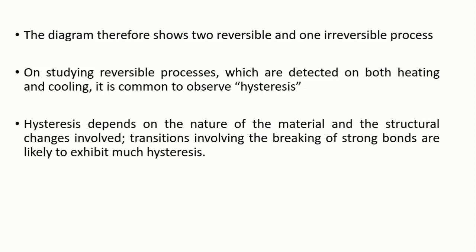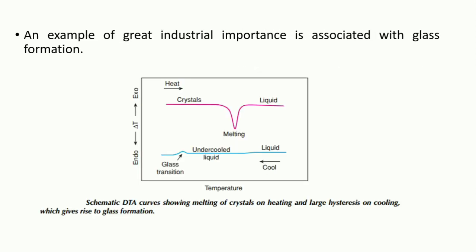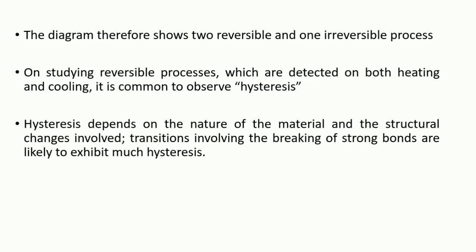Ideally, the two processes should occur at the same temperature, but hysteresis ranging from a few degrees to several hundred degrees is commonplace. The reversible changes in the figure are also shown with small hysteresis. Hysteresis depends on the nature of the material and the structural changes involved.